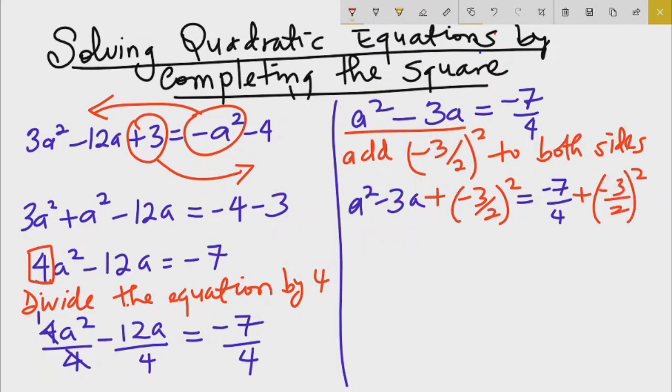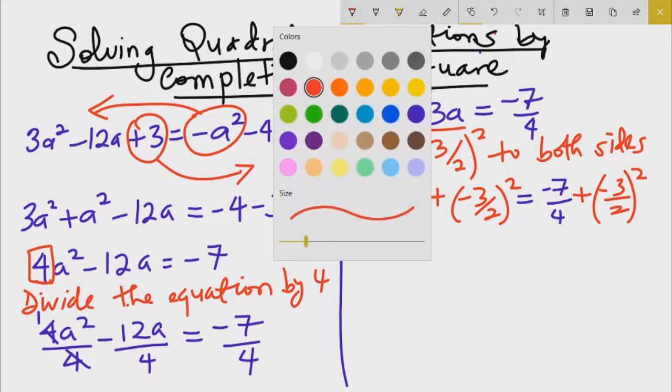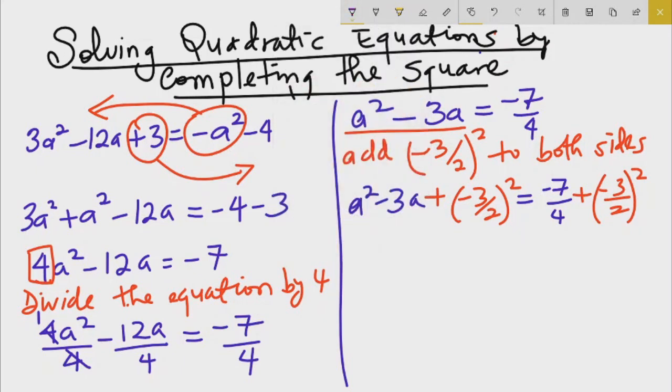As we already know, the left will become (a - 3/2)² = -7/4 + 9/4, since (-3)² is 9 and 2² is 4.